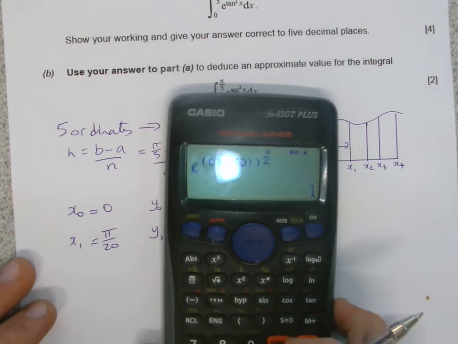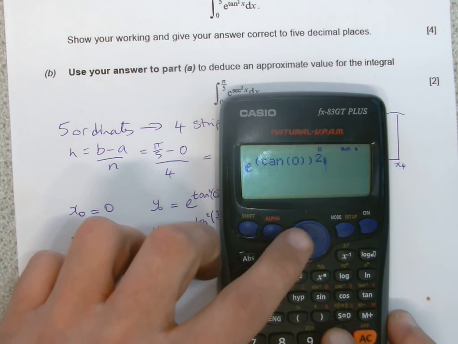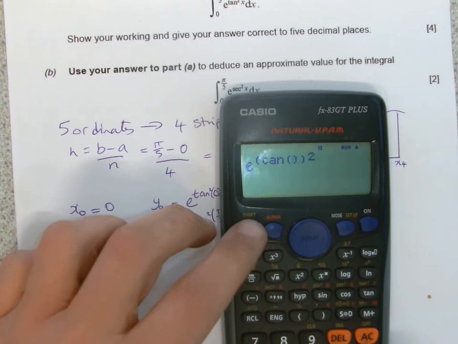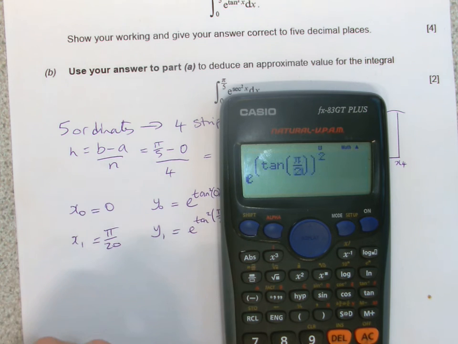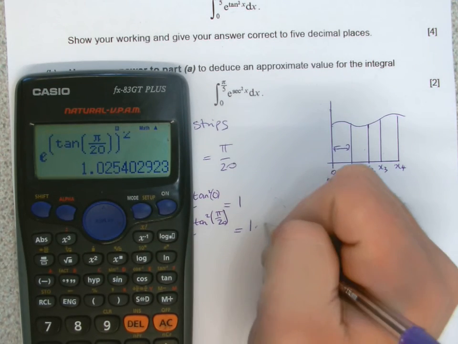So I get my calculator, I'll go back and use this result here, and I'll change this to be pi over 20. I press the fraction button there, and I press equals, and I get that out, right? So it's important then to write all of this down.